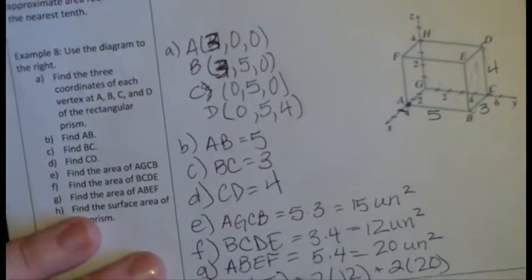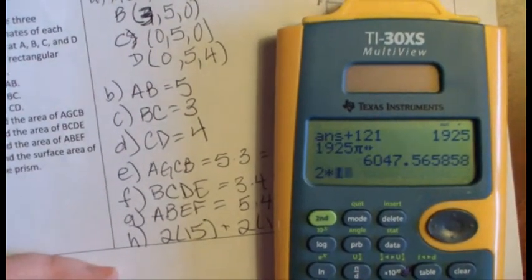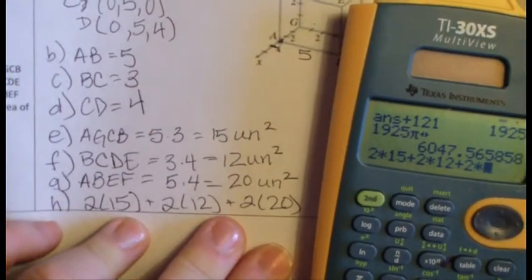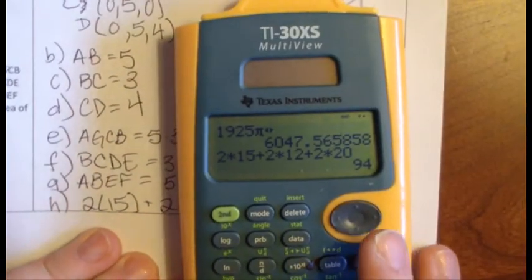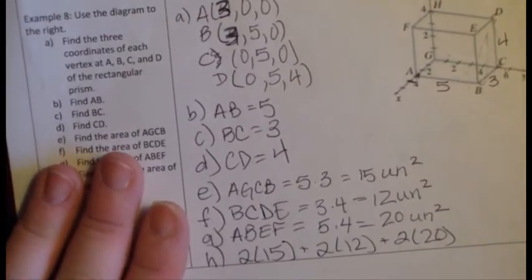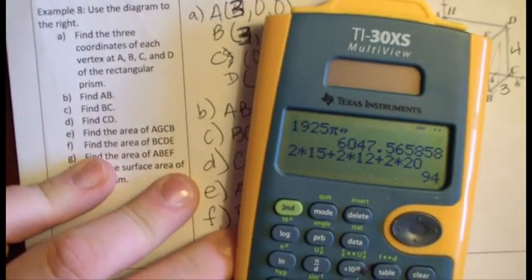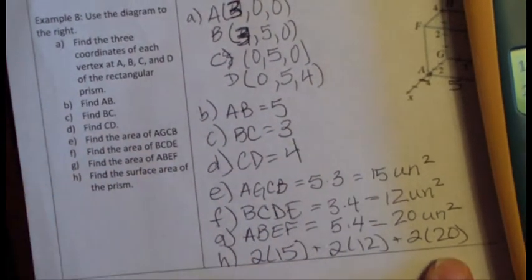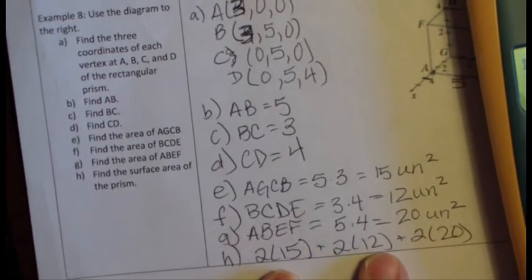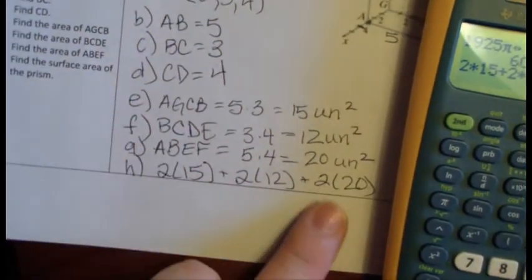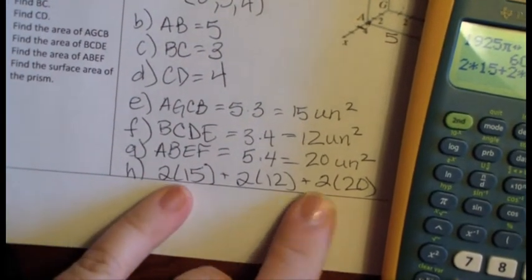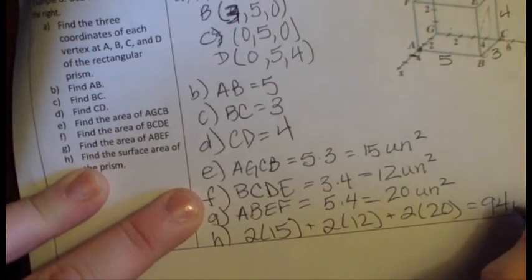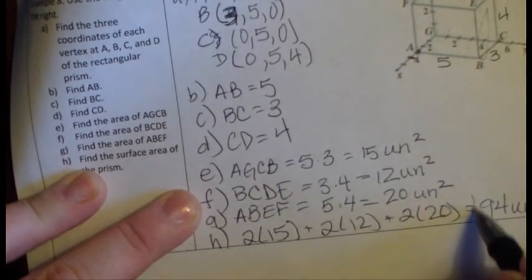So 2 times 15 plus 2 times 12 plus 2 times 20 is 94. So the surface area, is that right? Because I have something different on my paper. 15, 12, and 20. So 40 plus 30 is 70. And then 24 is 94. So 94 units squared is our surface area.